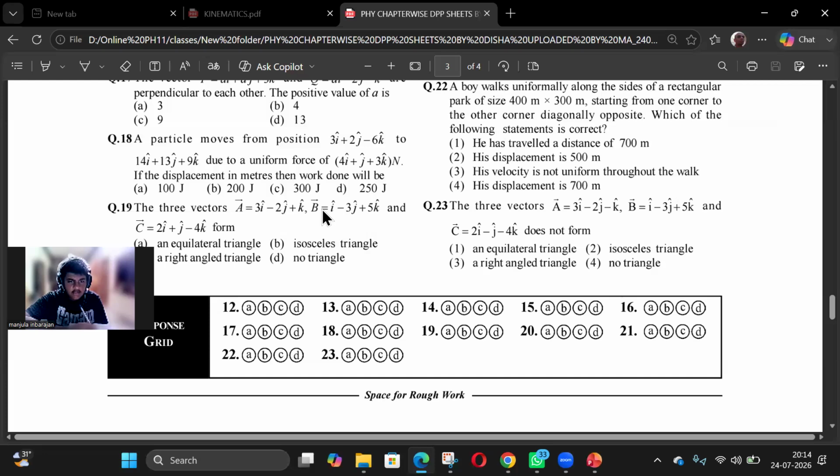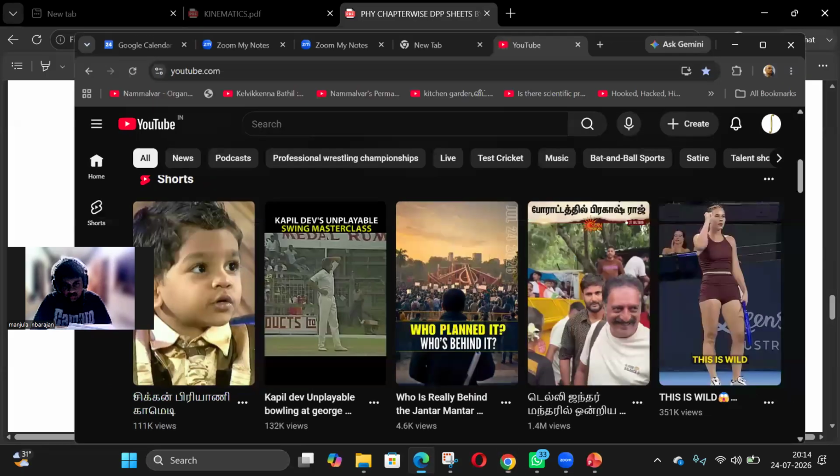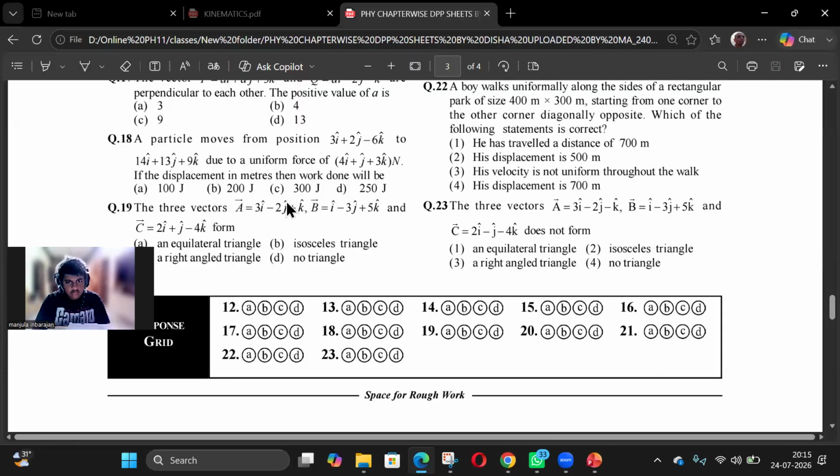So the displacement to calculate is 11 I cap plus 11 J cap minus 3 K cap. Then work done is given. Displacement is plus 15 K cap. 9 minus 6, so it's plus 15 K cap. K cap unit vector you can assume. Then it is option C. Check the answer. Yes, it is option C.